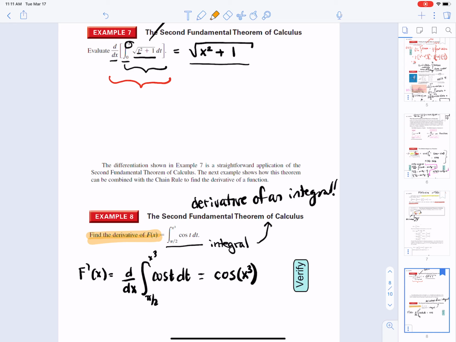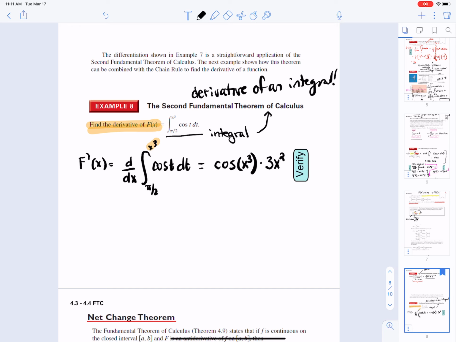But because this one is slightly different and I have an x cubed, I have to apply the chain rule and multiply this by 3x squared so I can balance it out. Now, if you don't believe me, we're going to take f of x and actually work it out to show you.